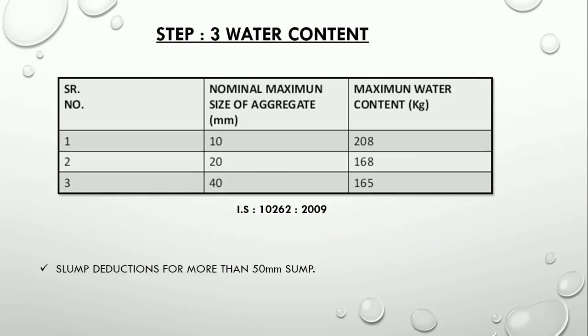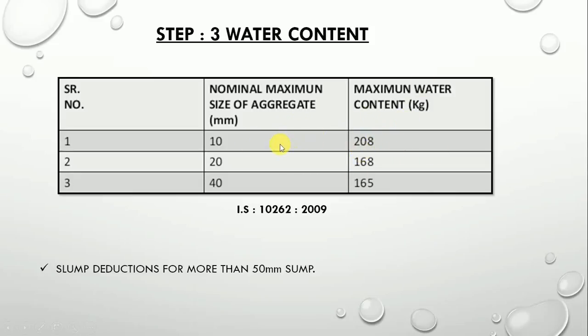Now moving further to our third step, which is determining the water content. There is already a provision of water content in our Indian Standard Code 10262:2009. On the basis of nominal maximum size of aggregate, they have given the maximum water content in kg, as you can see in this table.